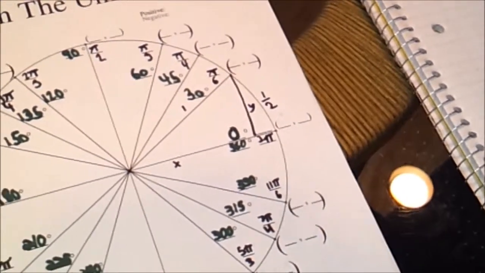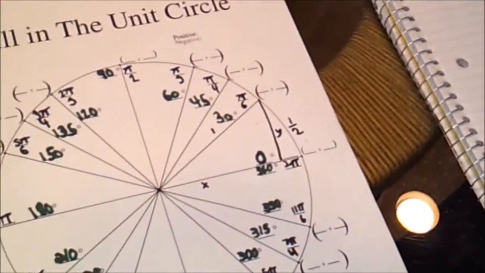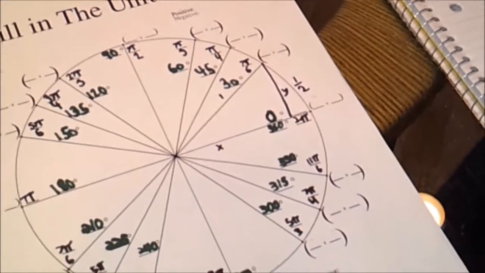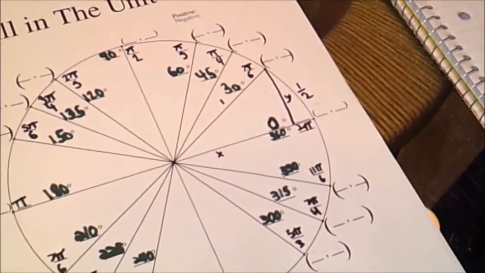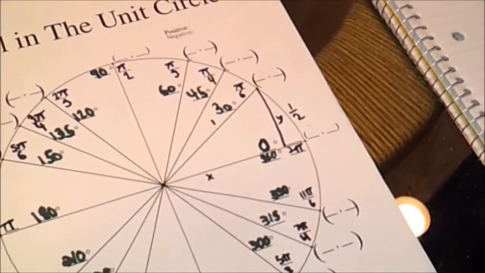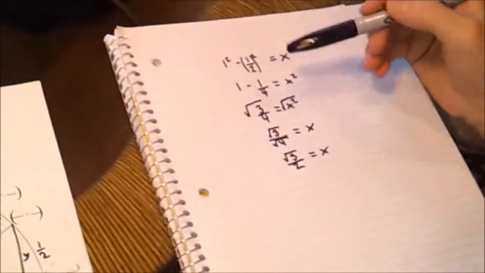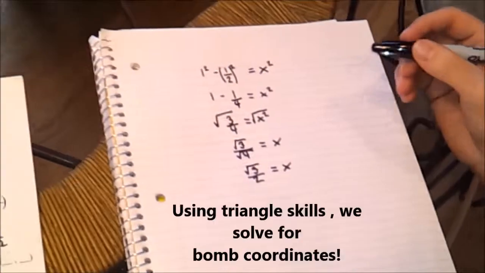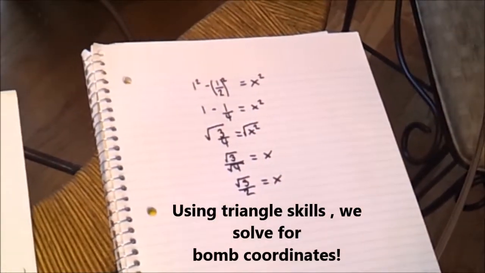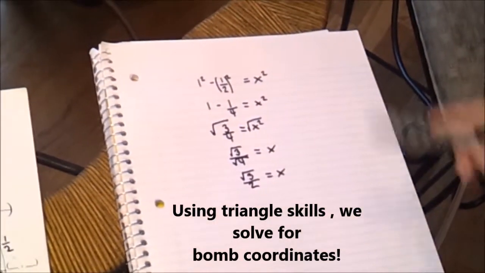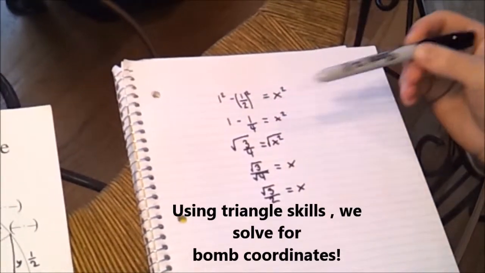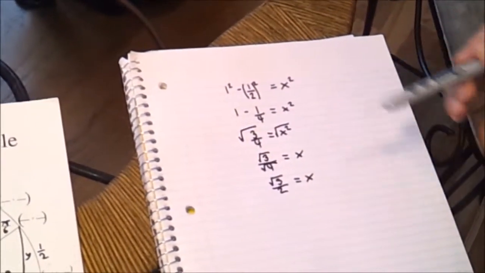And then to find the x side, or the x coordinate, you have to use the Pythagorean theorem, which is a squared plus b squared equals c squared. And so 1 squared minus 1/2 squared equals x squared. So 1 minus 1/4 equals x squared.